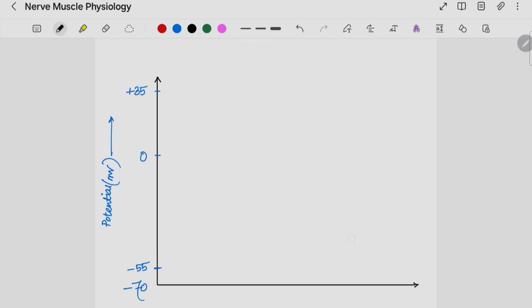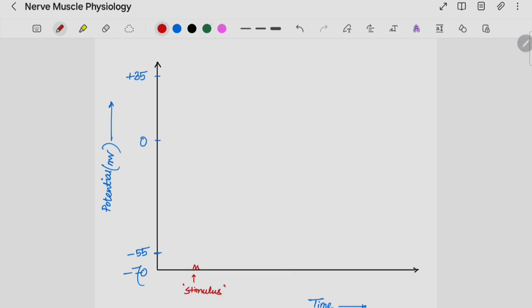Let's say a stimulus is given at this point, but that stimulus is not up to the mark which can lead from the resting membrane potential of minus 70 to the threshold potential of minus 55 millivolt, right?